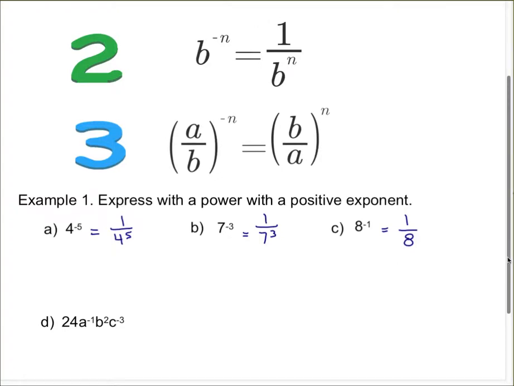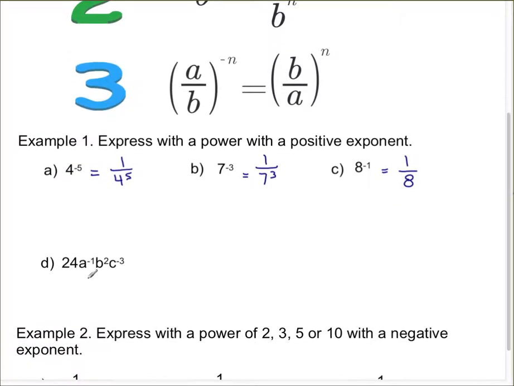How about this thing here? This one is kind of interesting. We've got some negative exponents here, which means when you have a negative exponent, it gets shoved down into the denominator and the exponent turns positive. So here's what's going to happen. 24 doesn't have an exponent, so it's going to stay in the numerator.